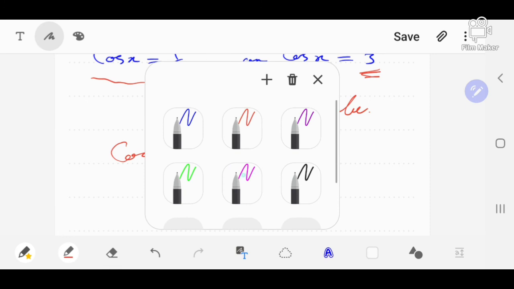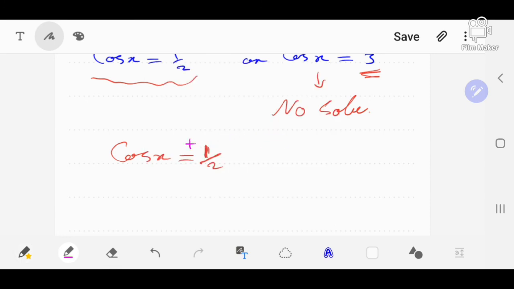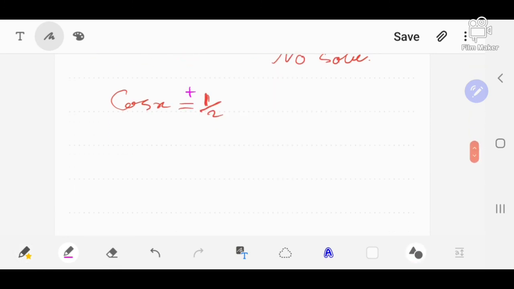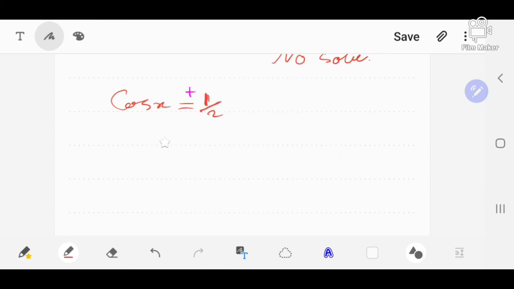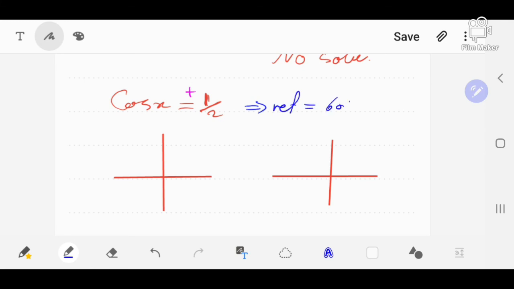And we have to notice that cosine is positive here. So which quadrants is cosine positive in? First and fourth quadrant. So in this case, I have cosine equals half, so the reference is 60 degrees.